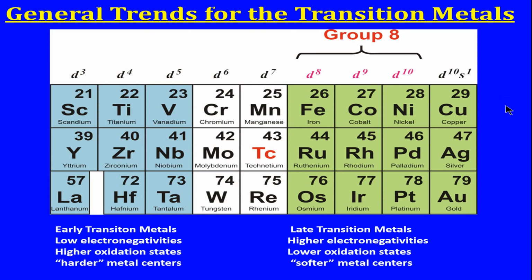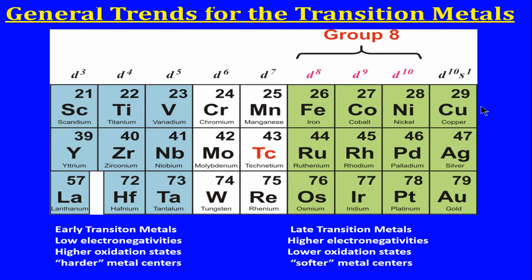We have column 12 starting with zinc, but this column cannot be considered as transition metals. Zinc, for example, is not considered a transition metal because its compounds or ions like zinc 2 plus contain a full d orbital, so it cannot receive electrons in the d orbital.